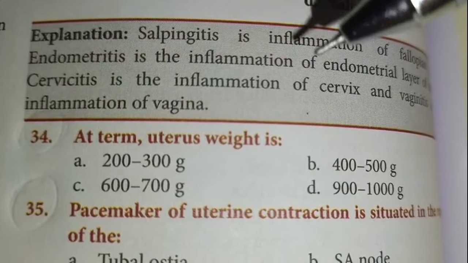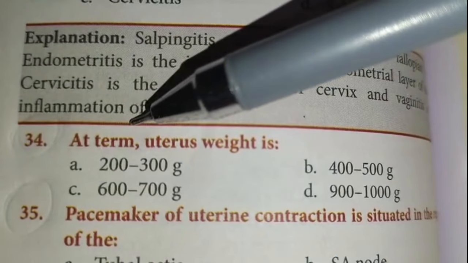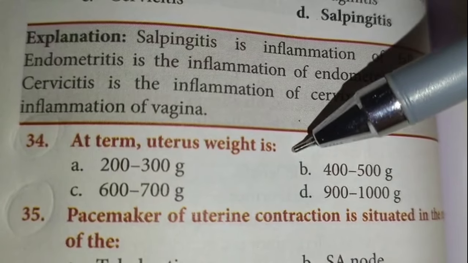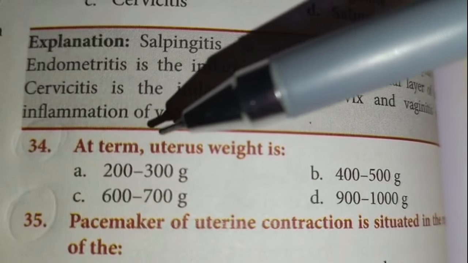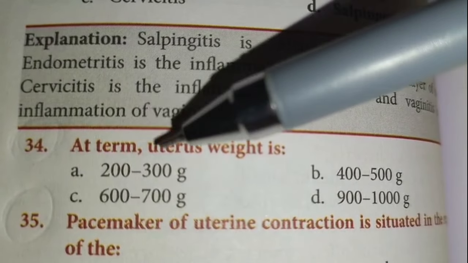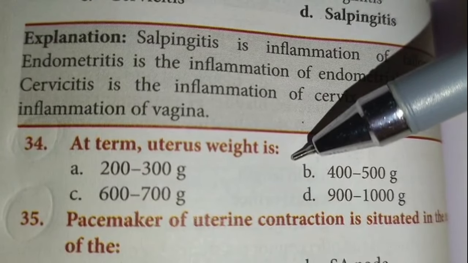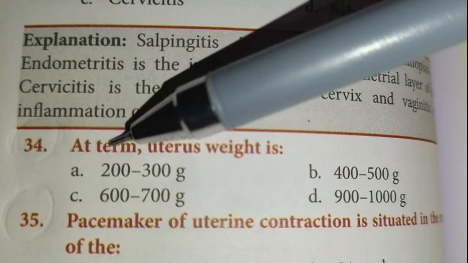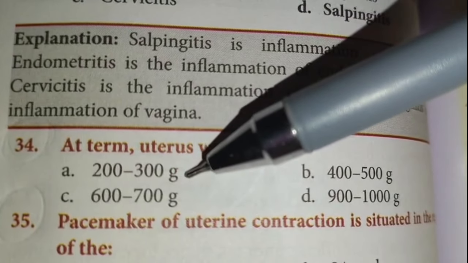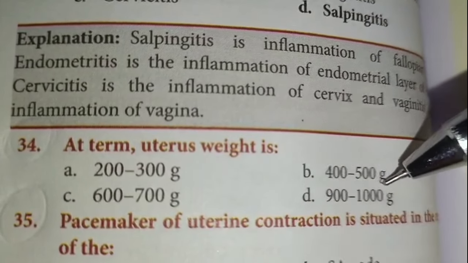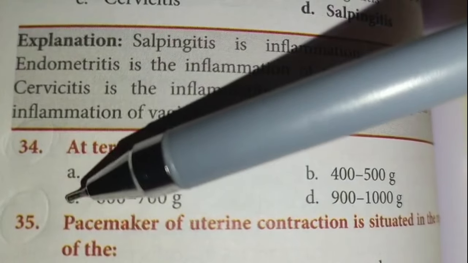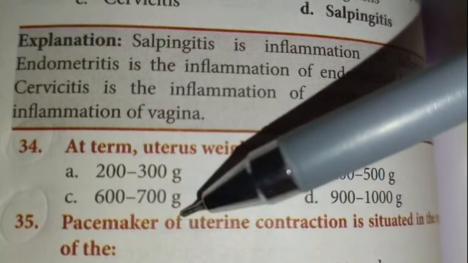And the next question is, at term, uterus weight is. Once again, at term, uterus weight is. Option A, 200 to 300 gram. Option B, 400 to 500 gram. Option C, 600 to 700 gram.